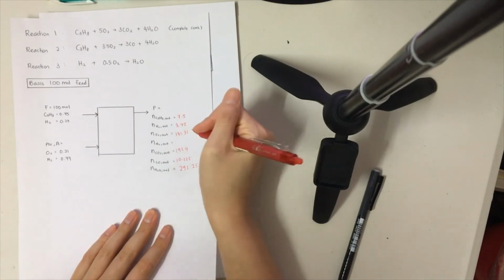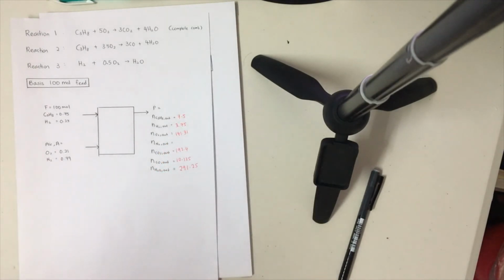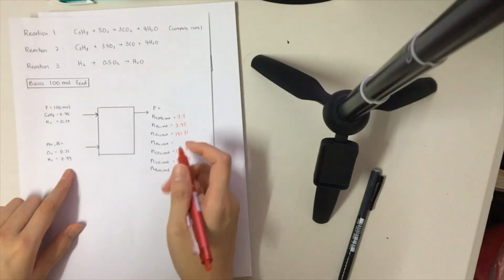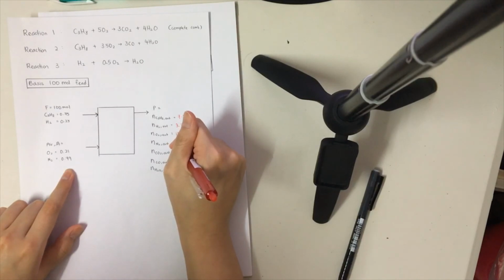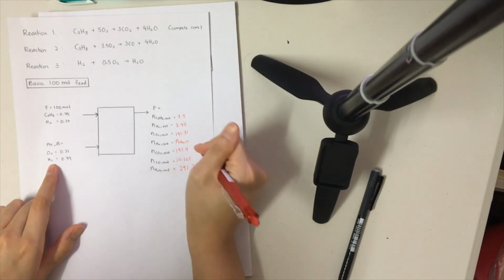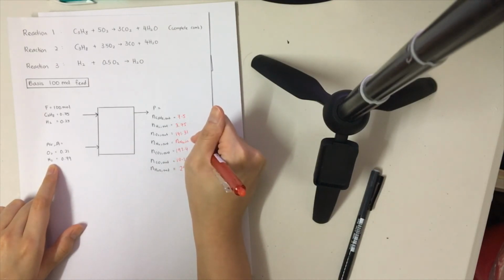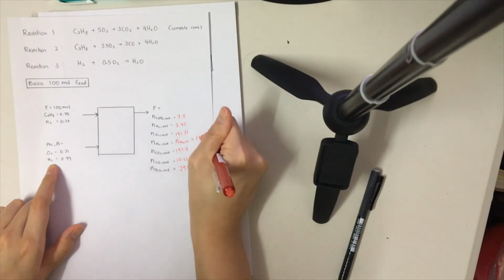So the number of nitrogen that comes out is equal to the number of moles of nitrogen that goes in, which is 1822.2.